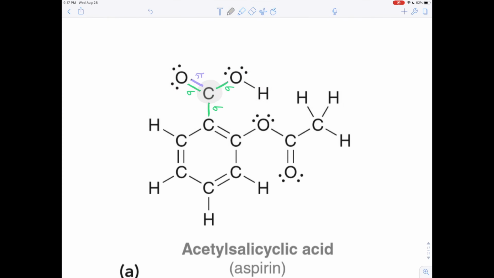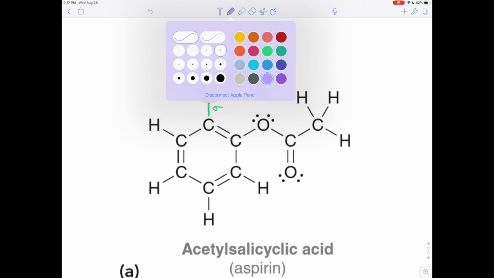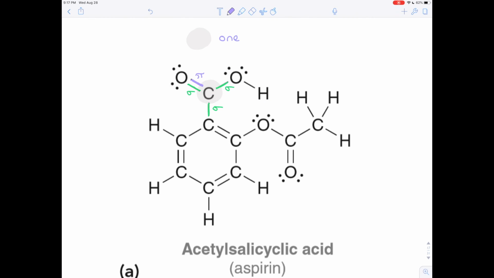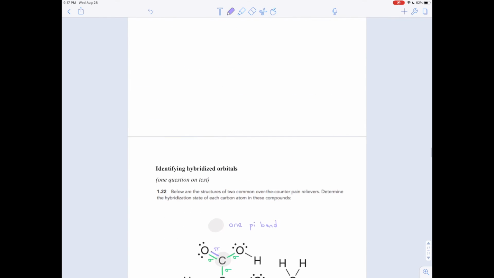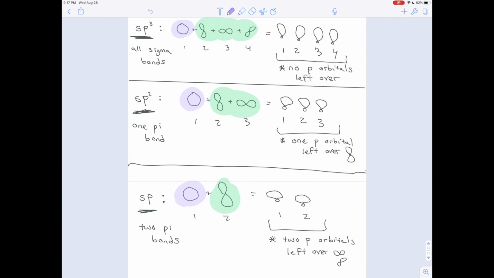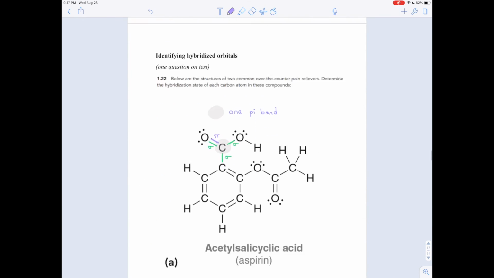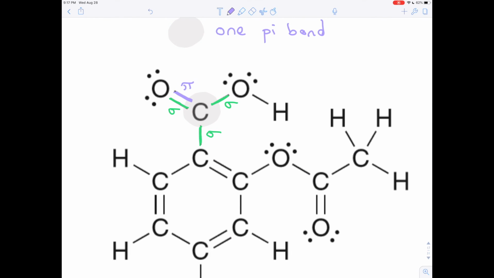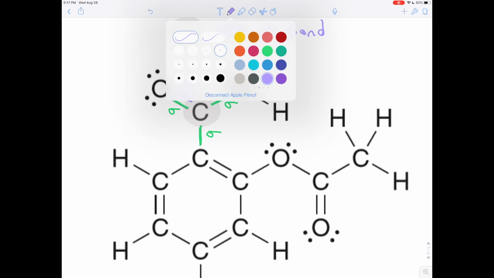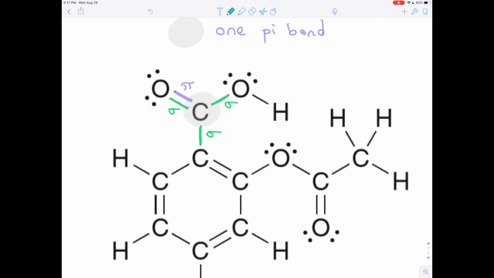So connected to this atom, we have only one pi bond, this second bond between the carbon and the oxygen there. And so if you have only one pi bond, that is a sign that that carbon is sp2 hybridized. So this carbon here will be sp2 hybridized.